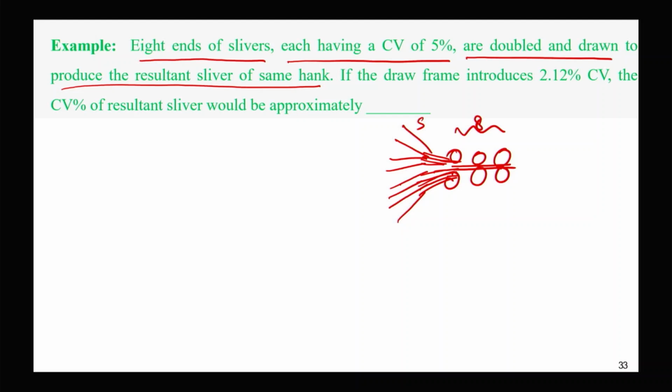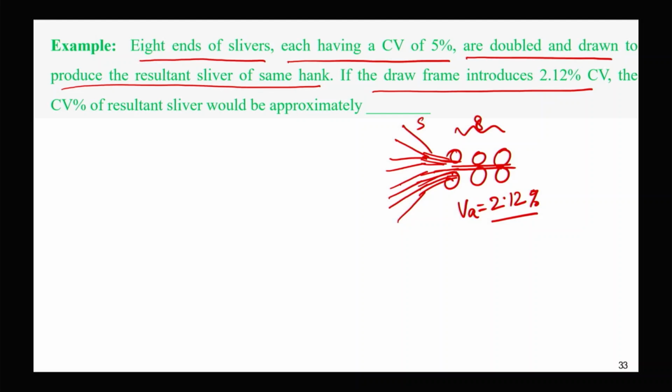Here the draw frame introduces irregularity, so the CV added irregularity is 2.12%.